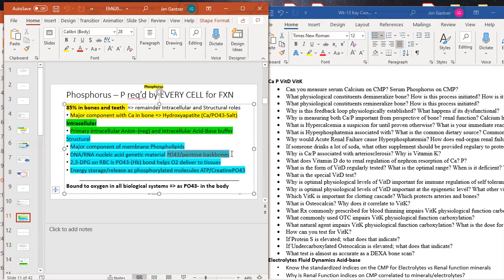It's also the phosphate source for your DNA pentose, the backbones of the nuclear material. It also is important in the carbonic anhydrase reactions, where hemoglobin delivers the oxygen, and, very important, as we will recognize in the next lecture, for electrolyte and acid-base reactions. The intracellular phosphorus is a very, very important buffer.